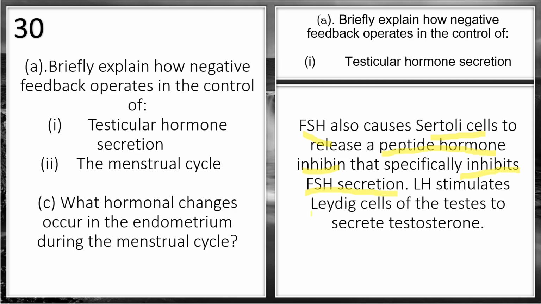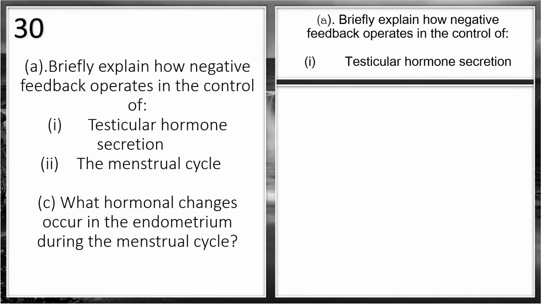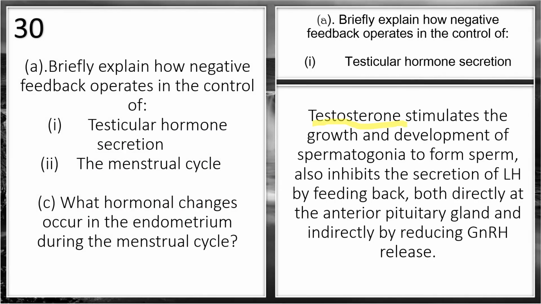Luteinizing hormone stimulates Leydig cells of the testes to secrete testosterone. Testosterone stimulates the growth and the development of the spermatogonia to form sperms. It also inhibits the secretion of luteinizing hormone by negative feedback, both directly on the anterior pituitary gland and indirectly by reducing the gonadotrophin-releasing hormone.